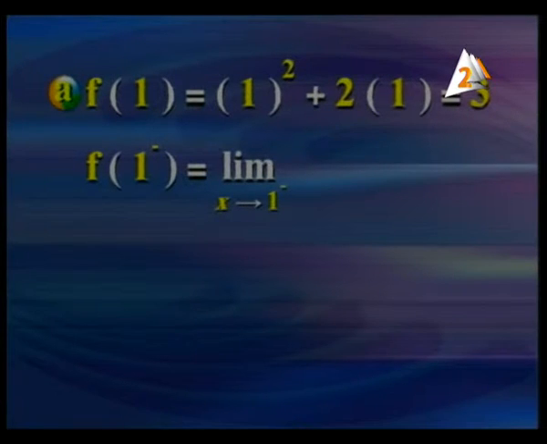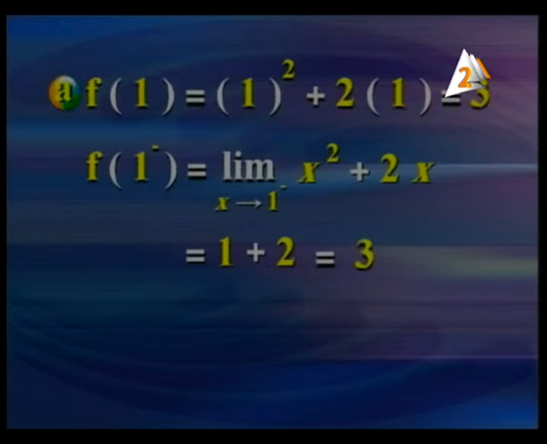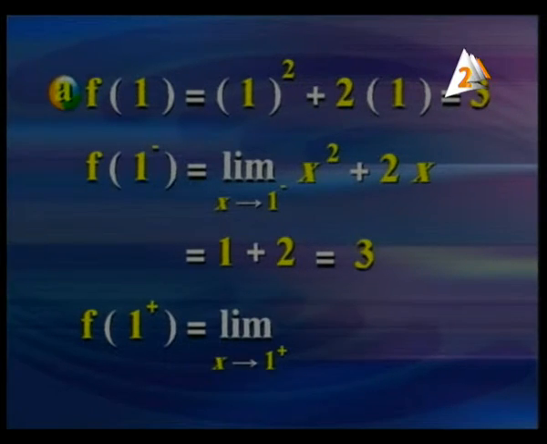f of 1 equals 1² plus 2 times 1, equals what? Equals 3. f of 1 negative, the limit when x tends to 1 negative, equals x² plus 2x, substituting x equals 1, therefore equals 3. f of 1 positive, the limit when x tends to 1 positive, equals 4 times what? 4 times 1 minus 1 equals 3.